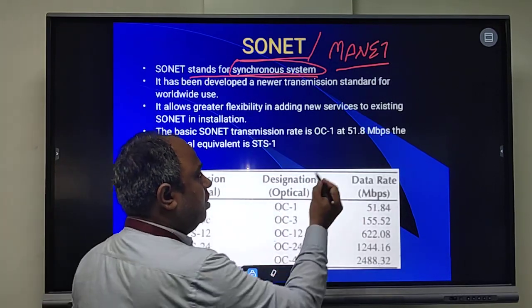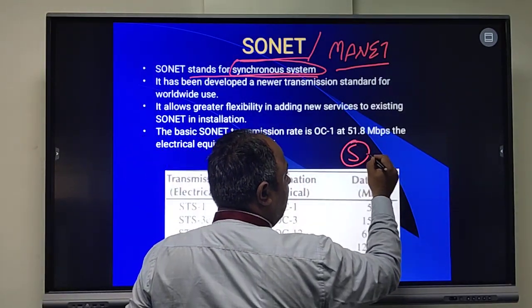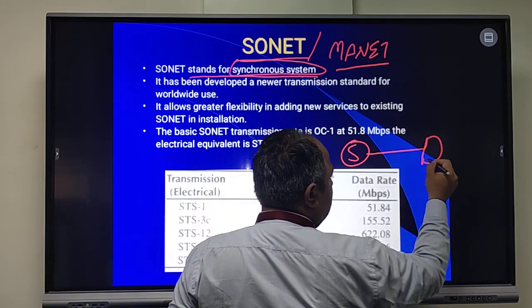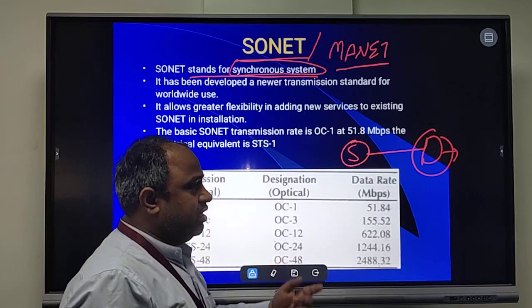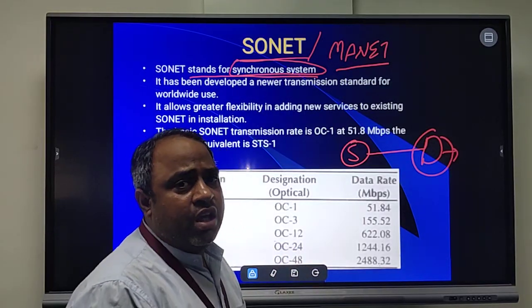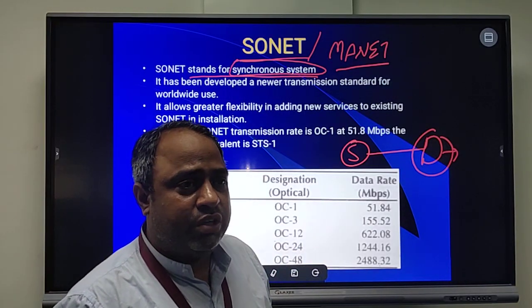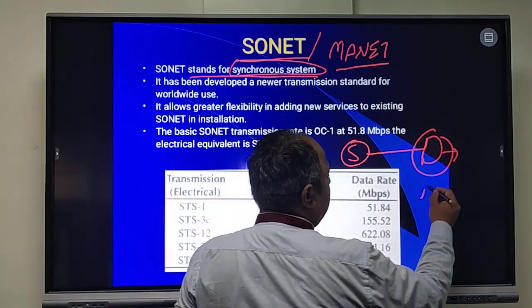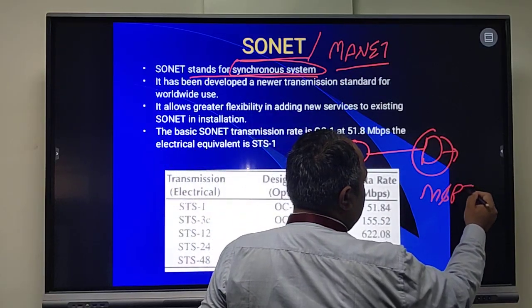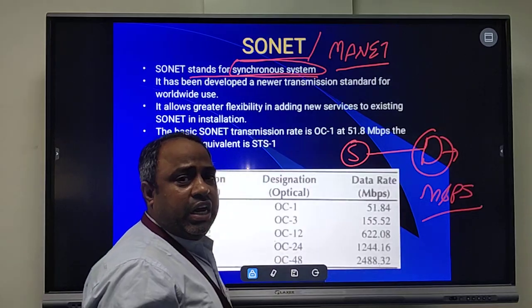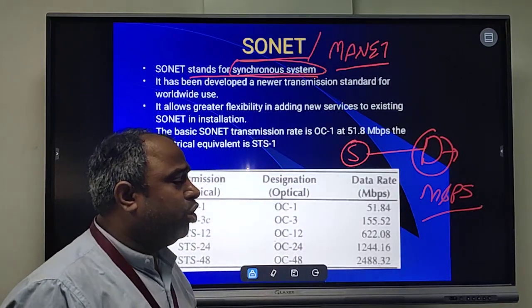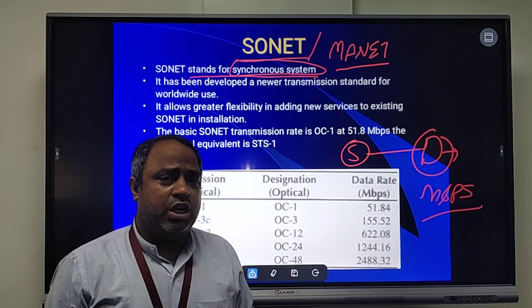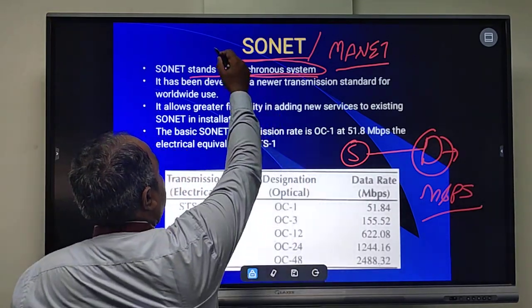If the source is sending information, the destination is adapting the data without any delay, and simultaneously multiple inputs and multiple signals are traveling on the same bandwidth. Multiple Mbps of data can be sent at any time without delay in between the signal transmission. This is the beauty of signal transmission in SONET.